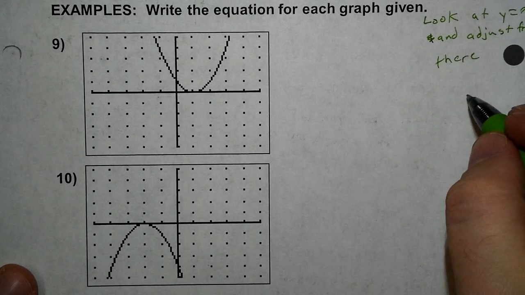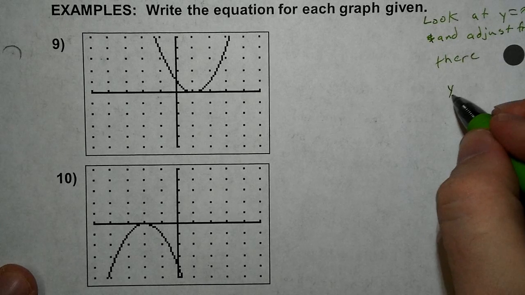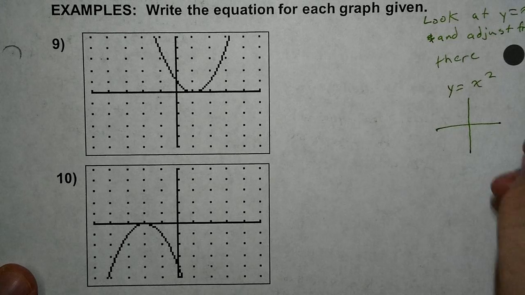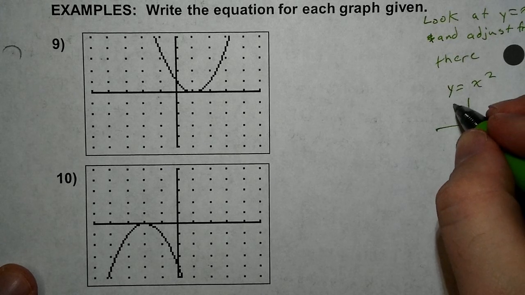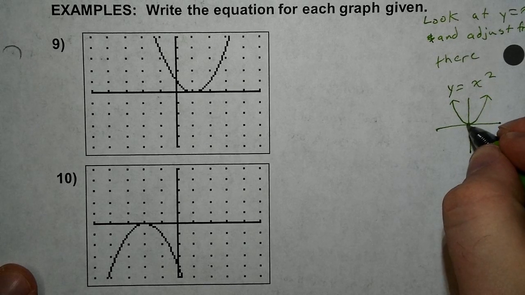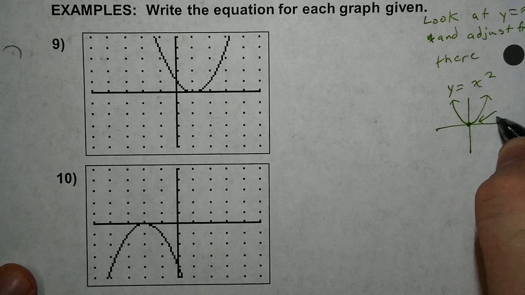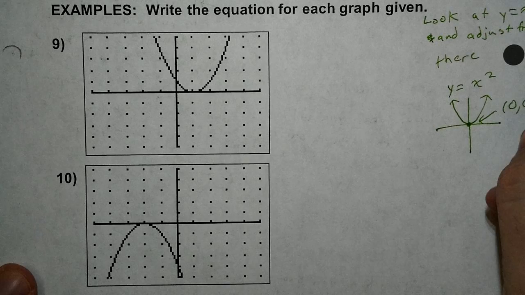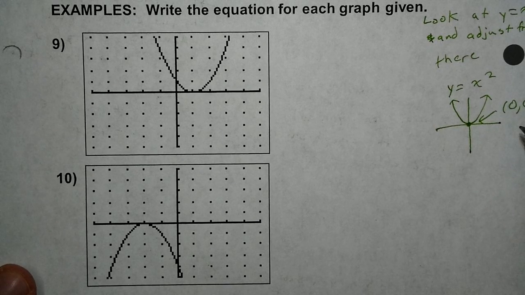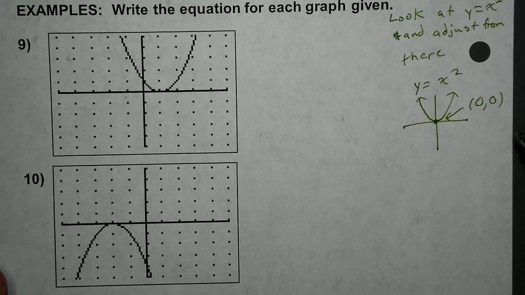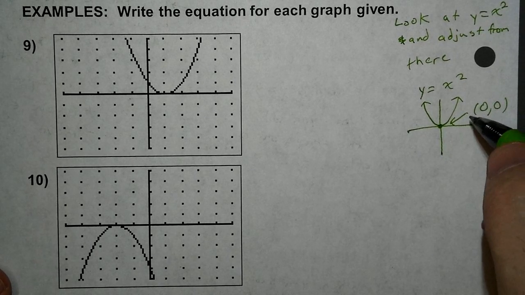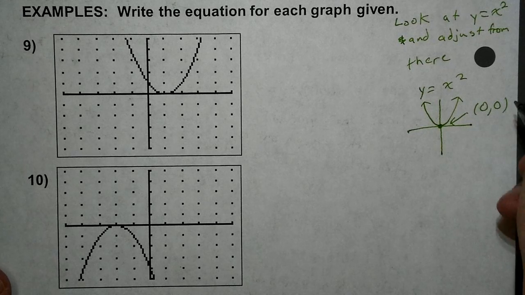And adjust from there. So we know y equals x squared. It's going to look like this. It goes through 0, 0. And so we'll know if it shifts left or right based on what happens at the origin, and if it goes up or down, also based on what happens to the origin.